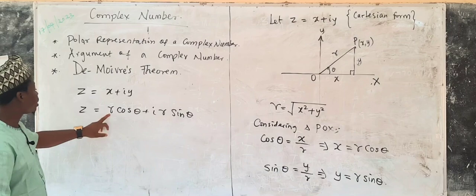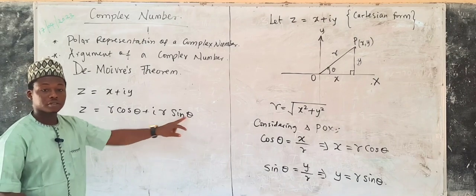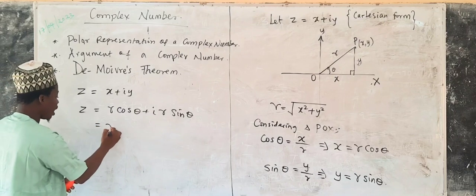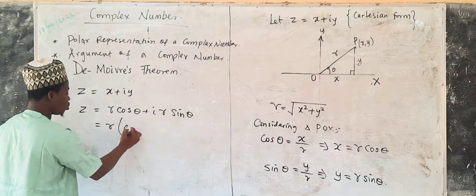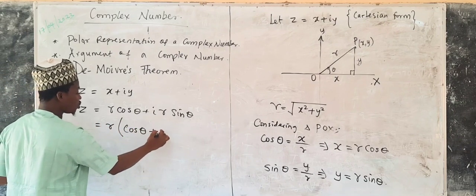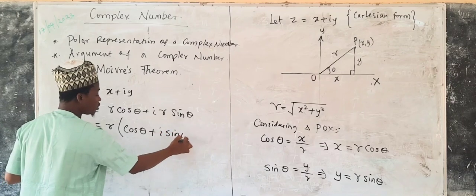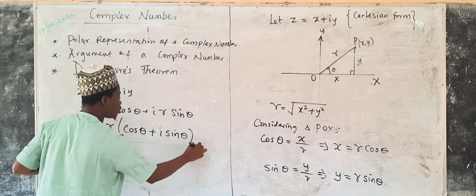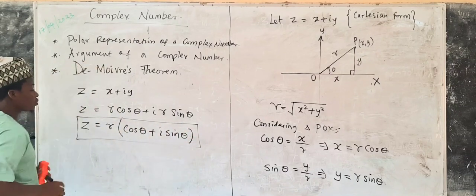You can now see that r is coming out, which is the modulus of the complex number. So we have z equals r open bracket cos theta plus i sin theta. This gives us the polar representation of the complex number.